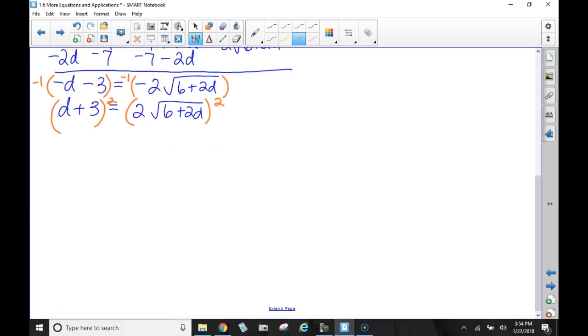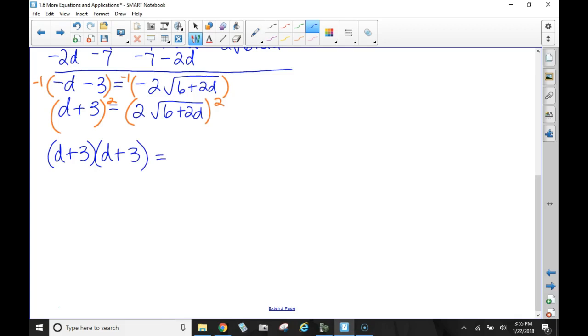So over there on the left-hand side, we have d plus 3 quantity squared. Expand that out in FOIL. Okay, I'll do that in the next step.